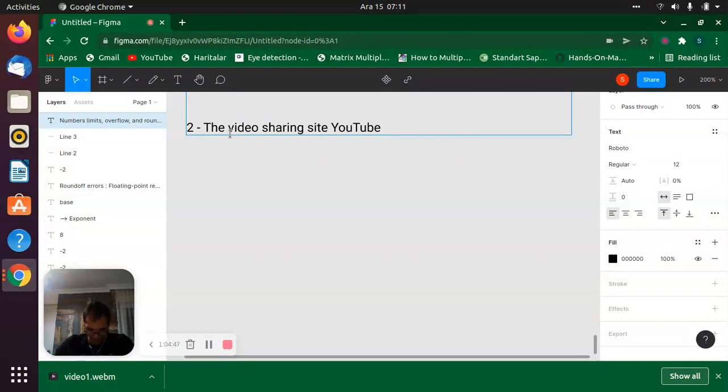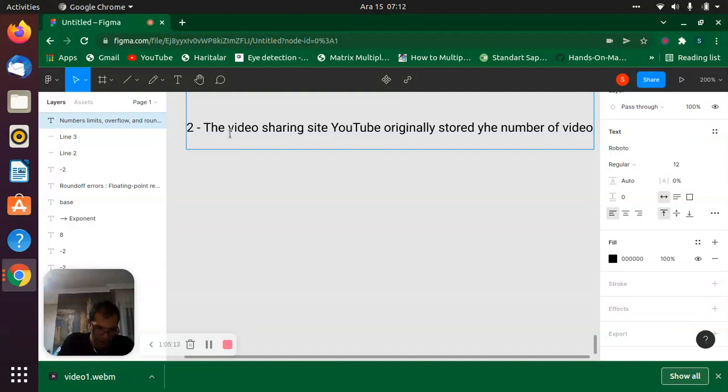YouTube originally stored the number of video views in a 32-bit signed integer. Okay.